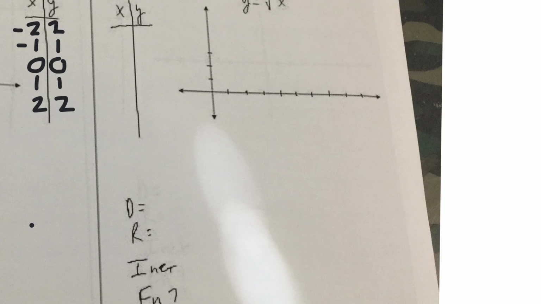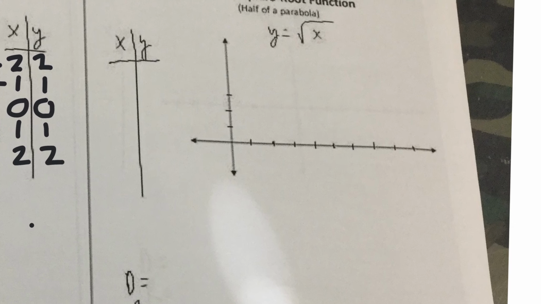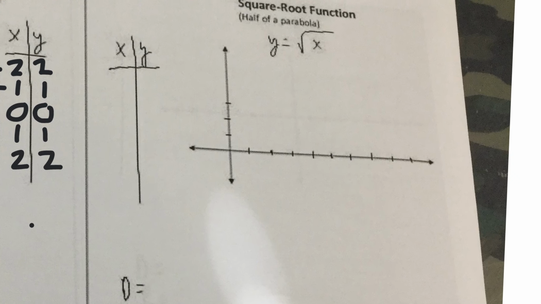Okay, next we're taking the square root of x as our parent function. So I need some x values to plug in. I'd like to plug in -2, -1, 0, 1, and 2. I wouldn't write those down though. Why not? What happens when I take the square root of -2?